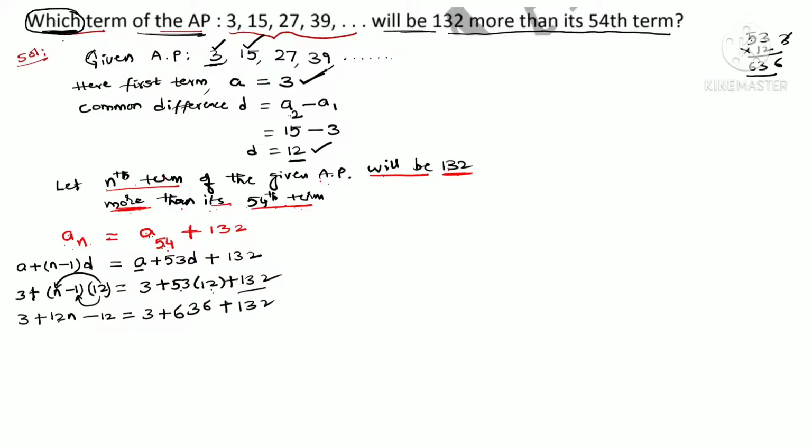Next, this is 12n, and 3 minus 12 is minus 9. 636 plus 3 plus 132: 6 plus 2 is 8... 3 plus 6, 9 plus 2, 11. So that 1 carry. That 1 plus 3, 4 plus 3, 7. The 6 plus 1 is 7. 771.